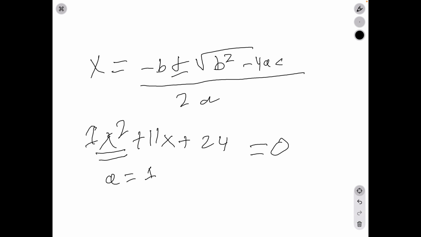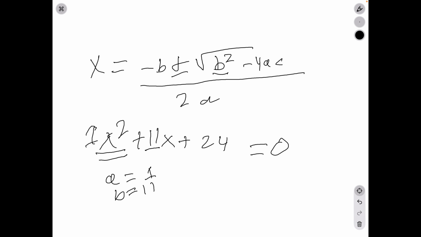Now for b, b will be the number in front of x, not x squared. X squared was a. For this equation, 11 is the number in front of x. So b will equal 11.